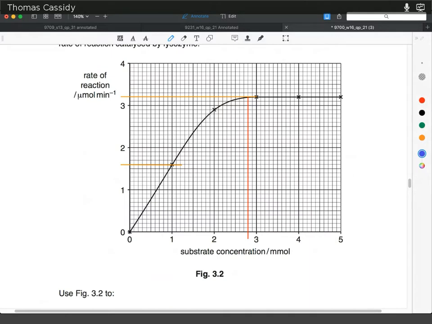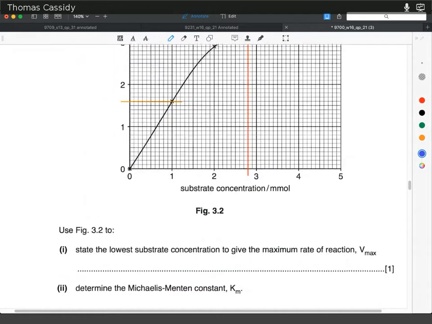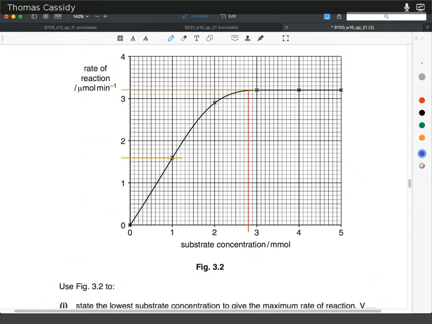We've got micromoles per minute up here, which is how much of it is being used up, so I would assume this is talking about millimoles, quite small quantities. It's just because concentrations are normally in moles per dm cubed.